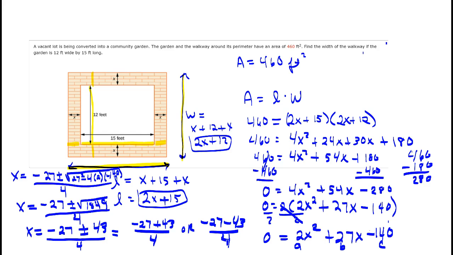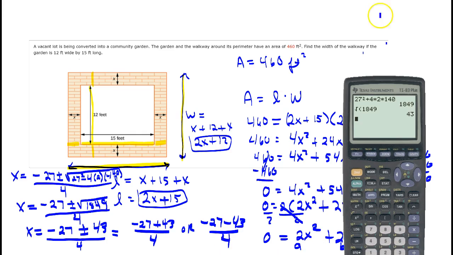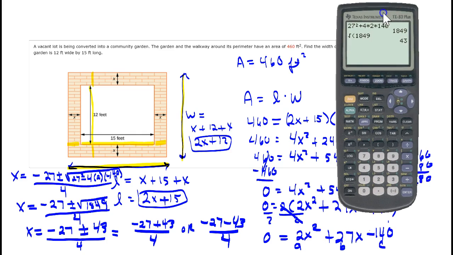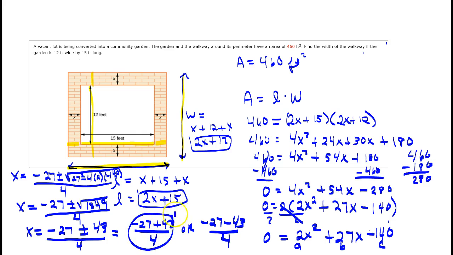So what is negative 27 plus 43? Equals 16, and 16 divided by 4 is 4. Okay, so this right here becomes 4. So that sounds good.